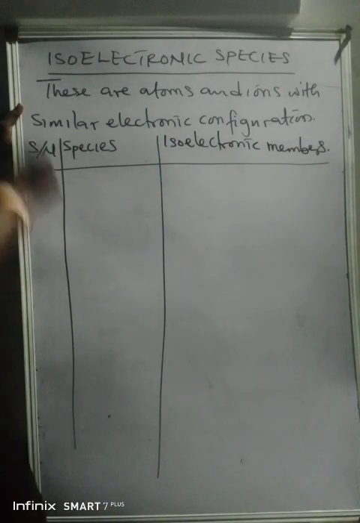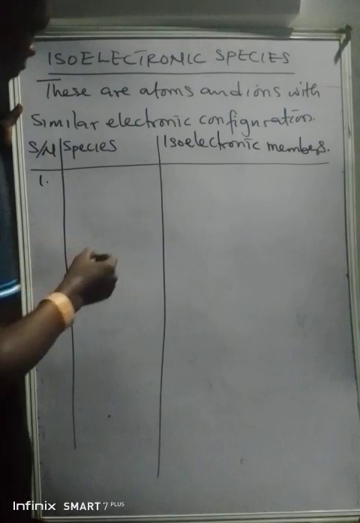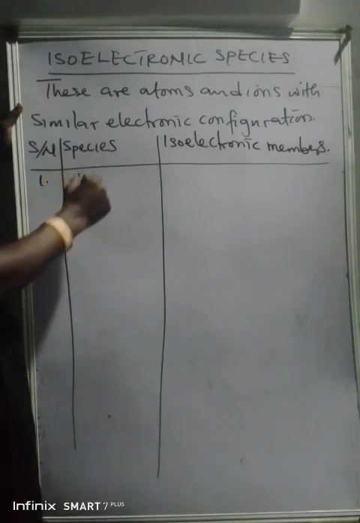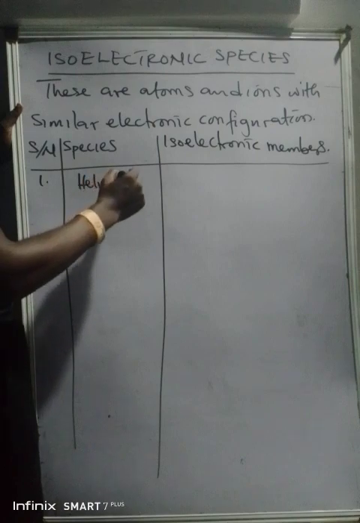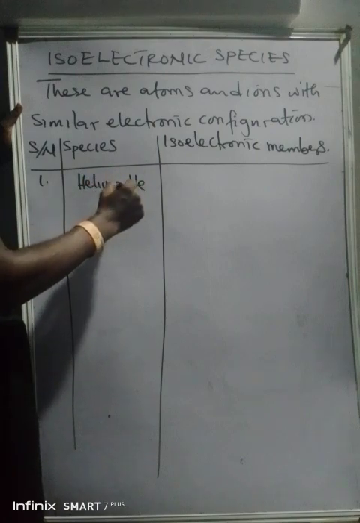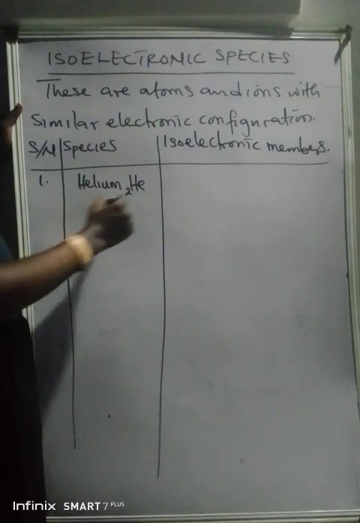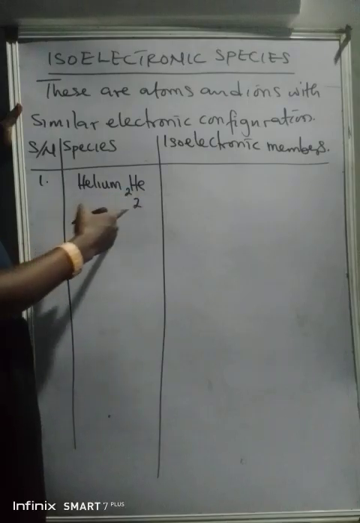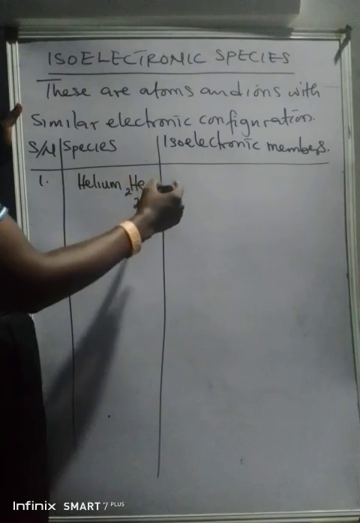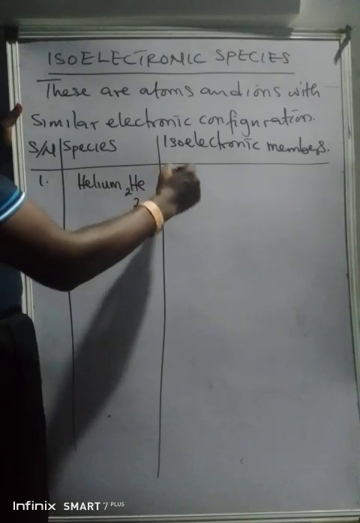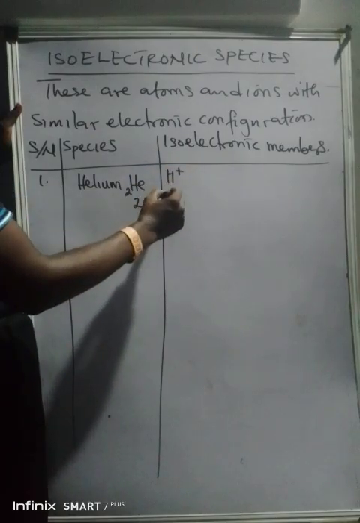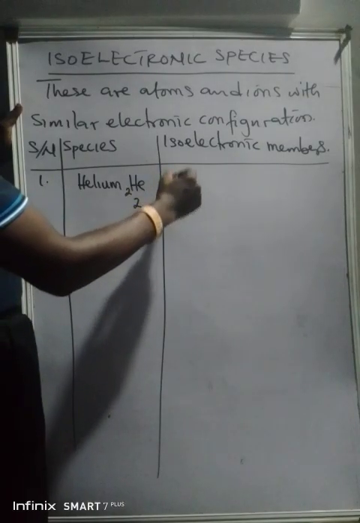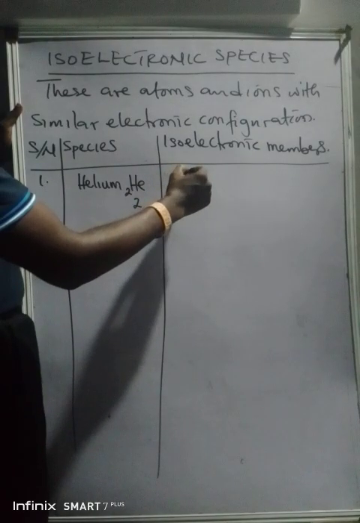Noble gases usually. Let's look at helium, He2. Configuration is 2. What are species that have the same configuration as this? We have hydrogen ion H+. Then we have lithium, which is Li+. Remember?